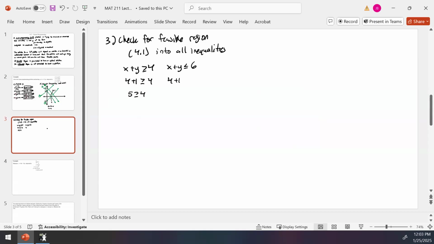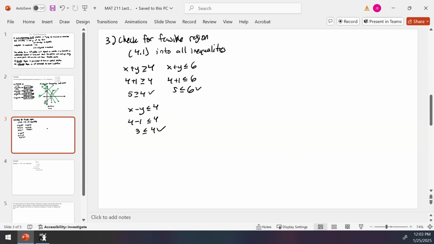So 4 plus 1 is less than or equal to 6. So 5 is less than or equal to 6. So that's check, check. The next equation says x minus y has to be less than or equal to 4. So 4 minus 1 is 3, which is less than or equal to 4. Check.